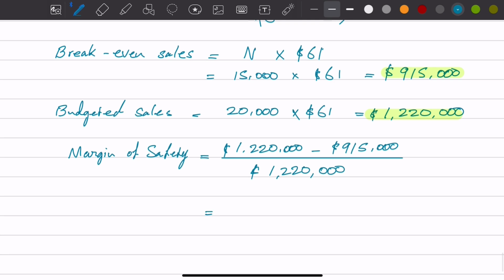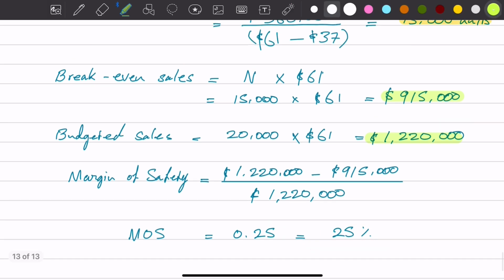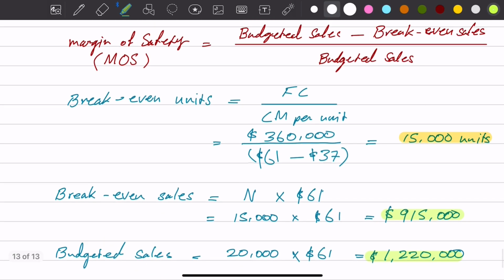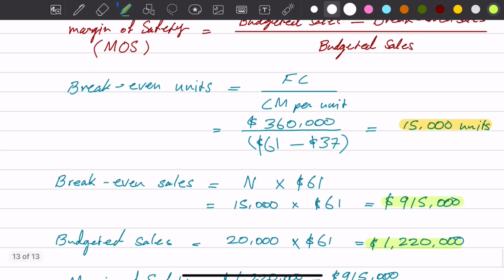And that equals, so MOS equals 0.25, which is equal to 25%. Make sure you do this last step because the question specifically said, if you remember, the margin of safety needs to be expressed as a percentage.